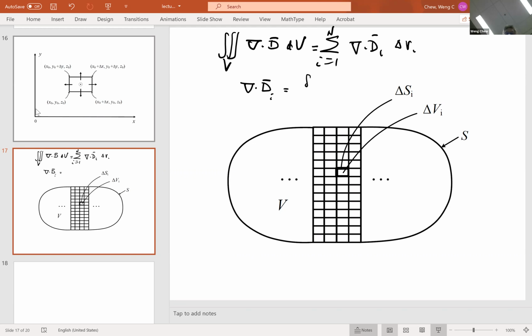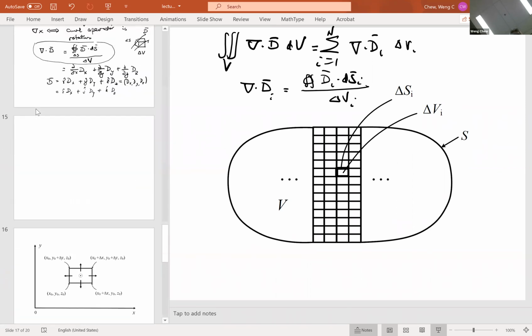Divergence of B is just integration over this very small cube, S_i over delta V_i. Can you see this? I break the integration over the entire volume into small pieces, and then look at each of the tiny pieces that I have, and that can be replaced with this identity from the definition of what the divergence is. I have the divergence definition in a few slides ahead of us.